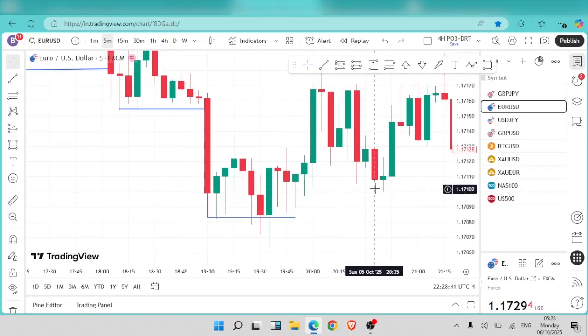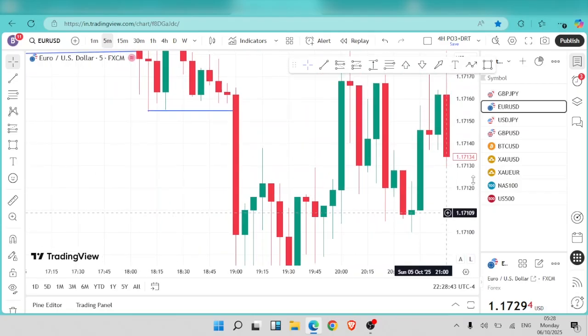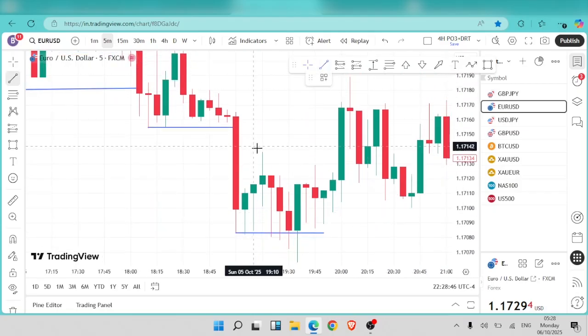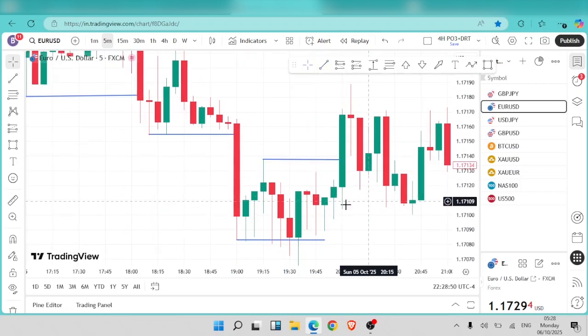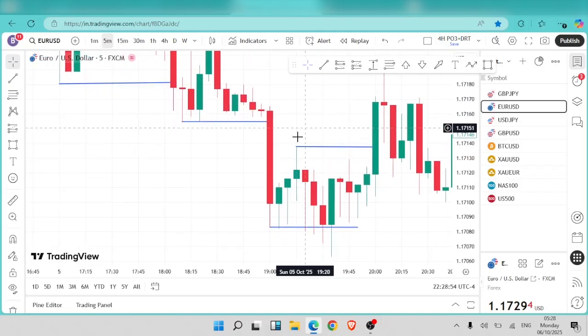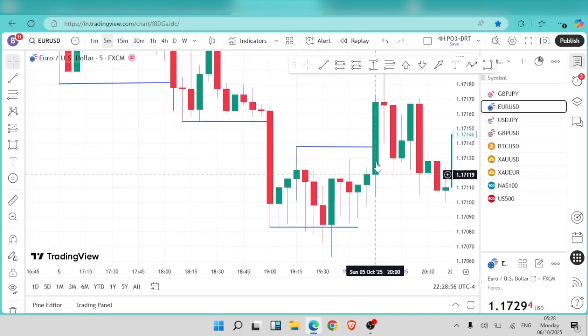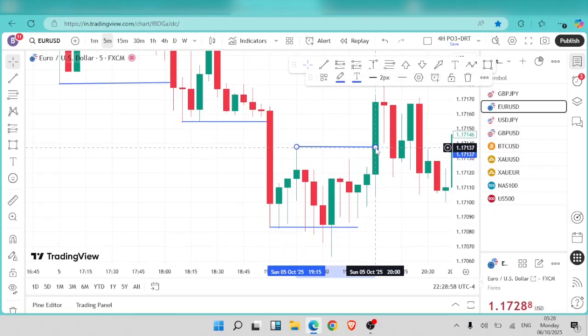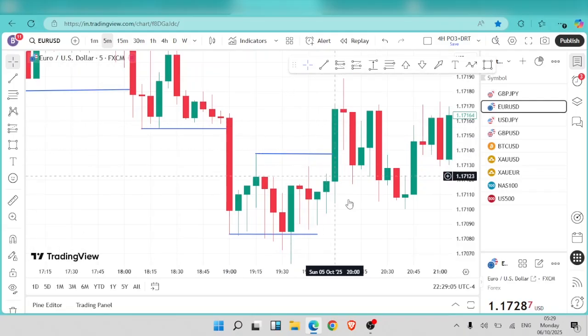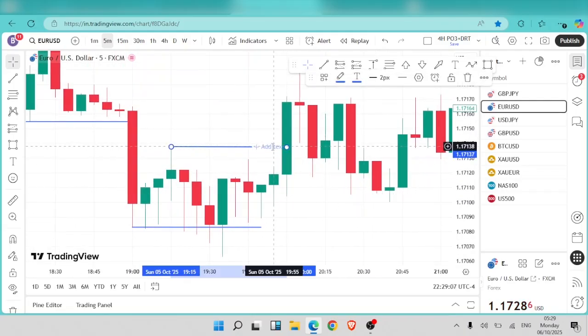And for us to confirm that the market structure has shifted, we have price closing above this lower high with this massive impulsive movement to the upside. So with this market structure shift, this impulsive move to the upside closing above this lower high, we will now have this as our market structure shift.